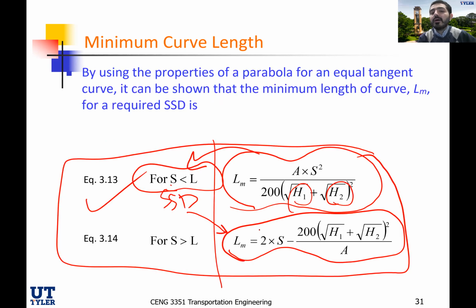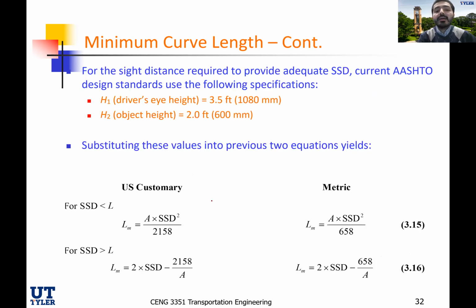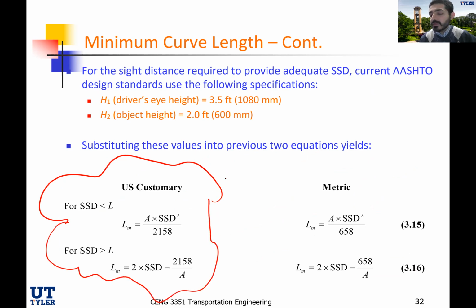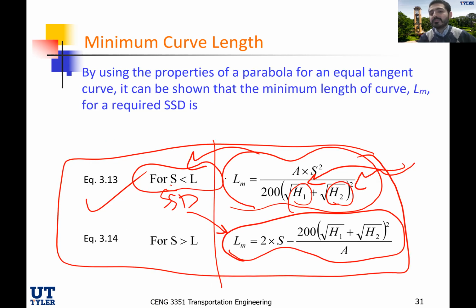So when should you use this equation? If I give you a specific H1 and H2. If I did not talk about what was the height of the driver or what was the height of the obstruction, then you're going to, by force, be using these equations. Because please do not stop at the exam and ask me what's H1 and what's H2.